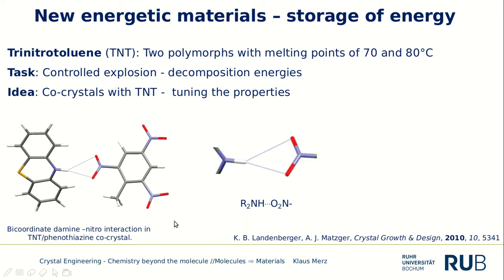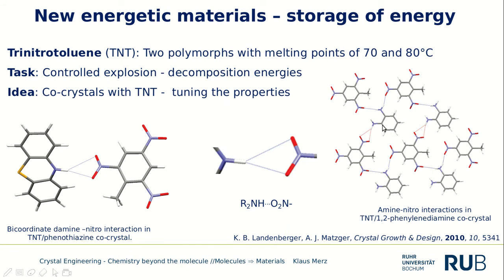He published, for example, in this contribution, two different crystal structures. In both crystal structures, TNT co-crystallized with amino derivatives. In this case is one, maybe a secondary amino. In this case here, a primary amino. And in the contribution you will see how such co-crystals have an influence on the properties of TNT. So it works successfully.